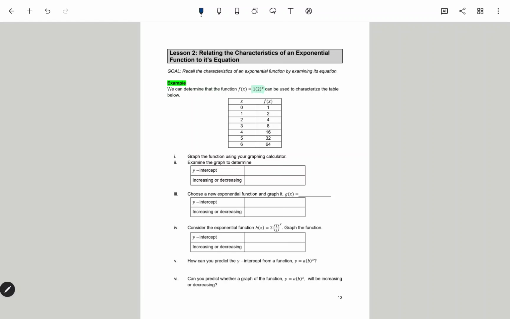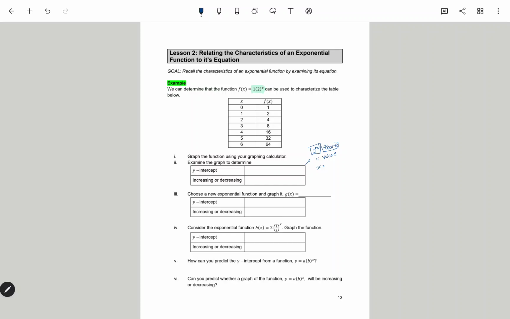To do this on your calculator, once you have it graphed, when you're in your graph function, you're going to hit second, trace. This is going to pop up your calc menu, and you're going to go to 1 where it says value. Then it's going to ask you to enter in a value for x.